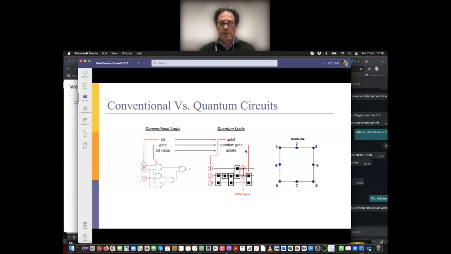The quantum gate is analogous to logic gates, and qubits are the counterpart of bits. Here we have an example of a quantum chip with 8 qubits, which is able, in principle, to execute the quantum gates, which represent the instructions of the algorithm.